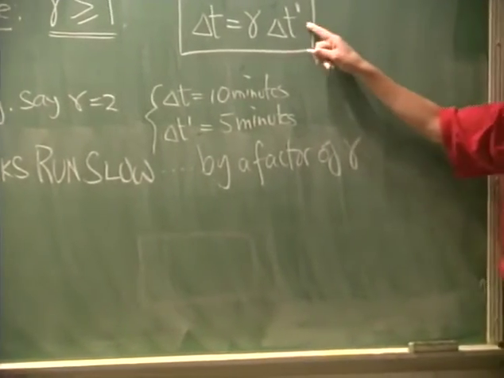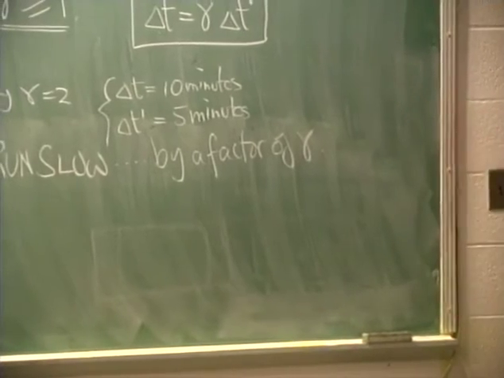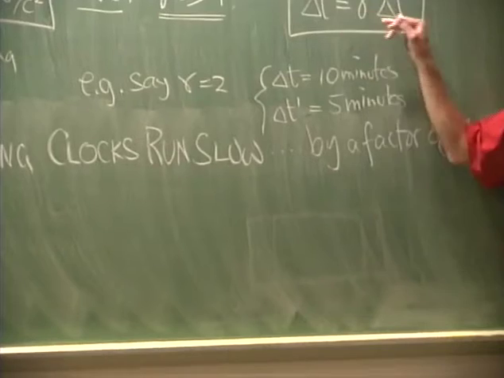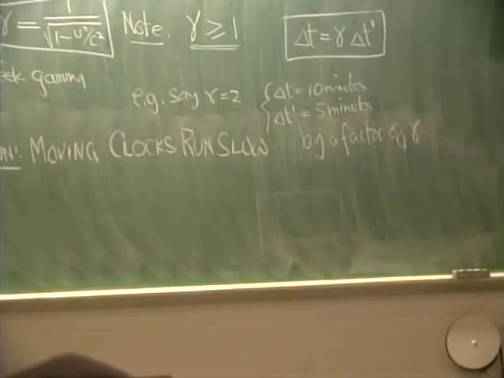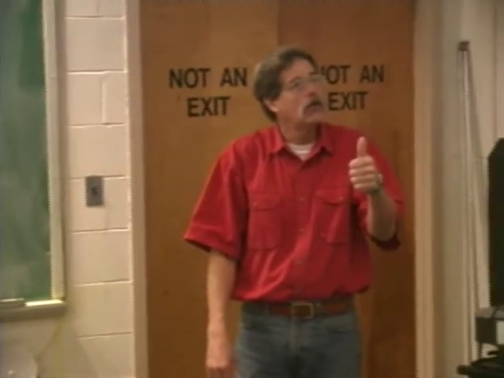Personally, I can never remember which side is supposed to have the primes on them, and as a matter of fact, from one book to another, you will see different conventions. Some people will put a subscript on here or something. But listen, time dilation is beautifully simple to remember. Moving clocks run slow. How much? Factor of gamma.